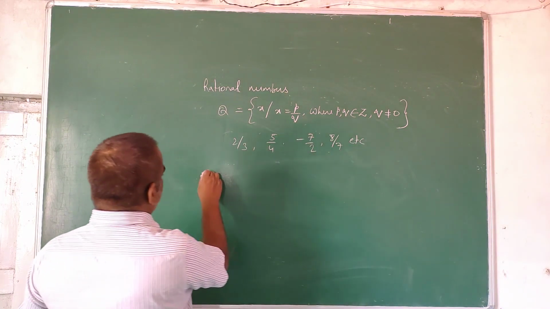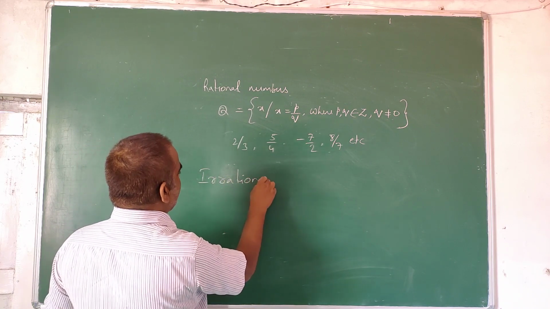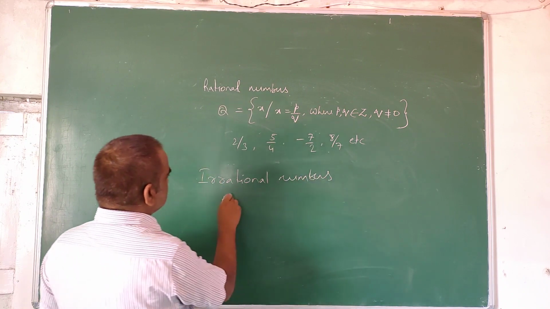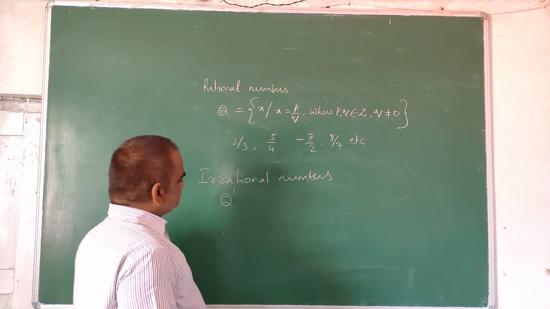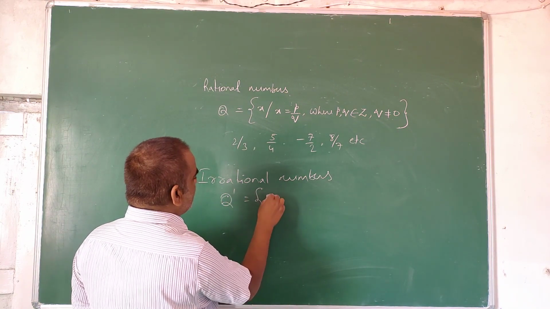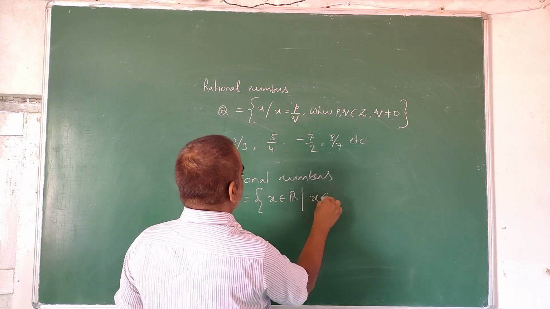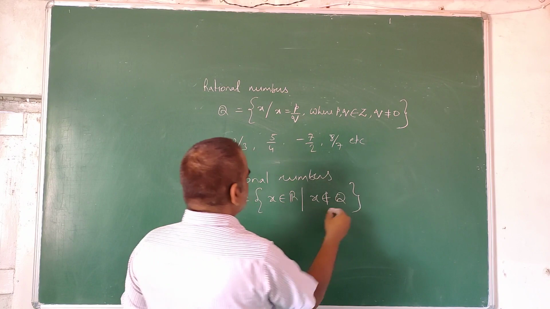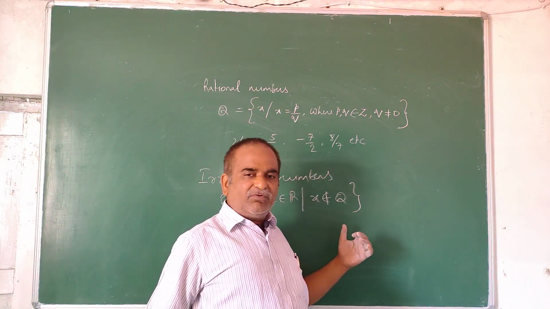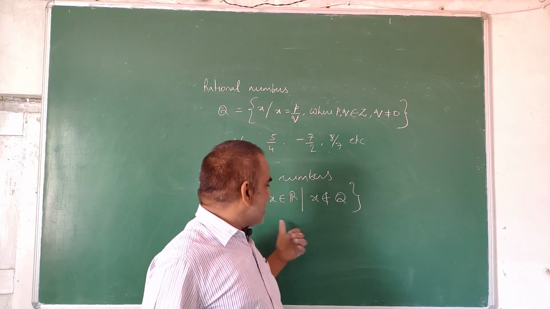Now coming to irrational numbers, this is Q dash. Q dash is equal to the set of all x belongs to R such that x does not belong to Q. It means in the set of real numbers, the numbers which are not rational numbers are called irrational numbers.